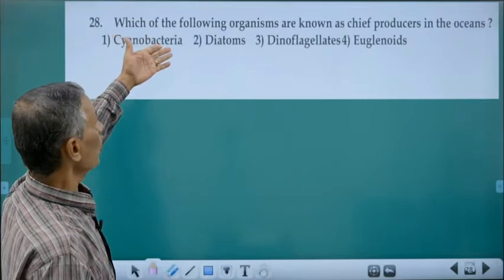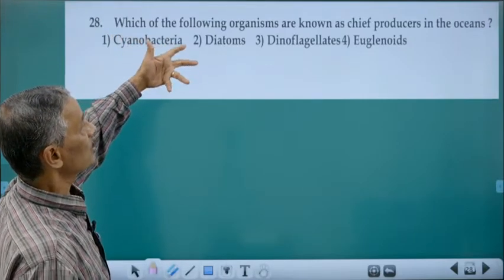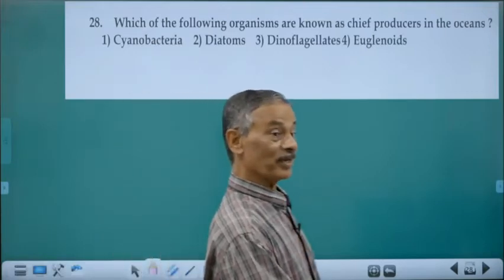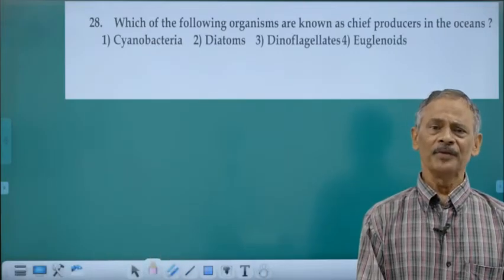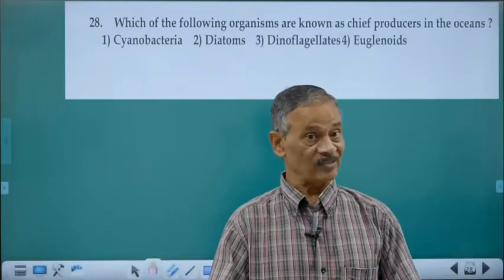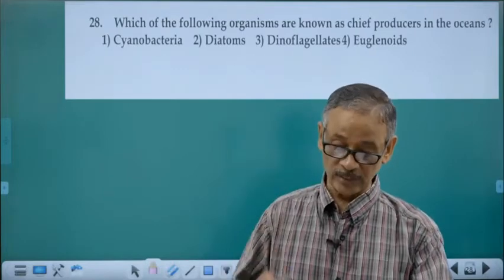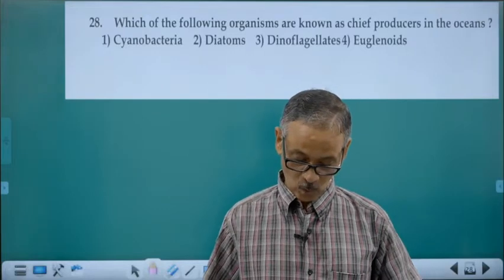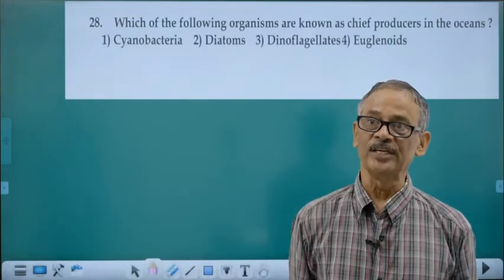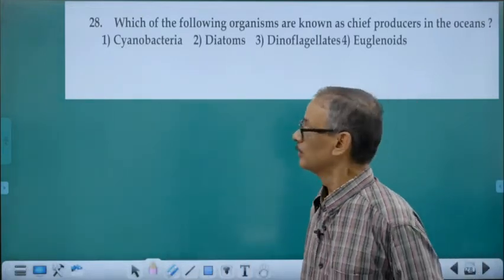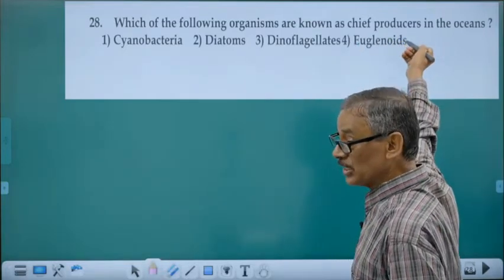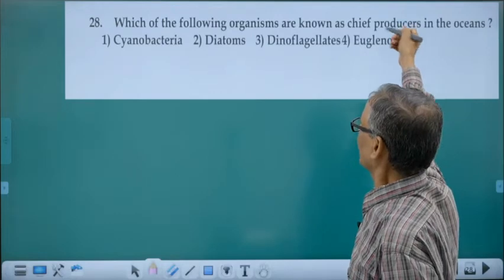Which of the following organisms are known as chief producers of the ocean? Similar question. See, these are all NEET model, NEET examination questions. This question was asked in NEET 2018. The chief producers, the pastures of the ocean, are the diatoms.